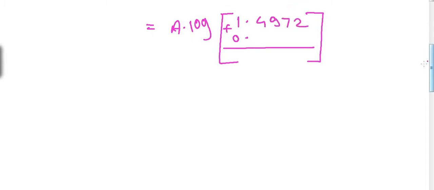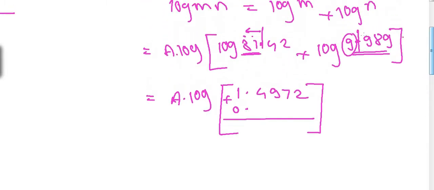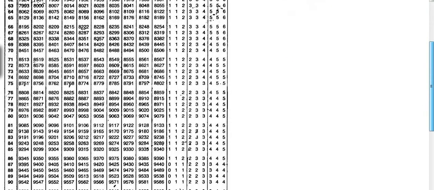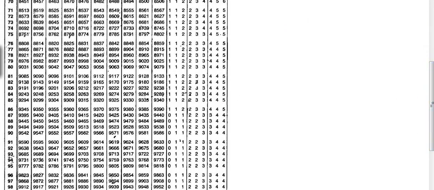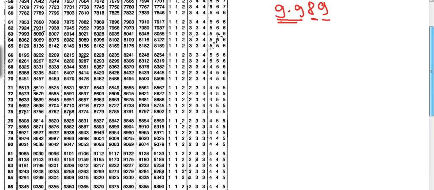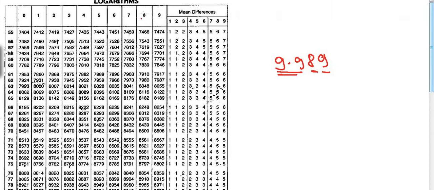Let us now find the log of 9.989. To find the log of 9.989, let us group the numbers as 99 and 89. Let us locate 99 in the first column. So this is 99. Next 89. Now we need to locate 8 in the first row. So here it is 8.